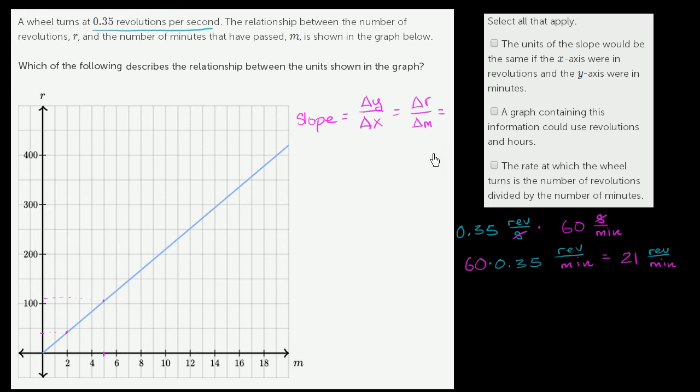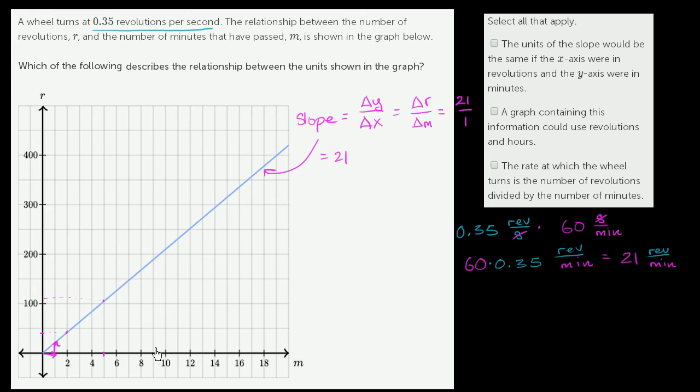Our slope is, well, when 1 minute has passed, our change in minutes is 1, we have 21 more revolutions. So our slope right over here is equal to 21.